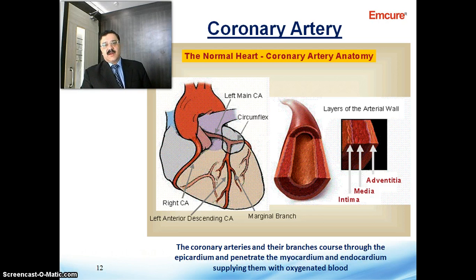Now the right coronary artery, again I'll repeat, divides into two branches, the marginal branch and the posterior interventricular branch.